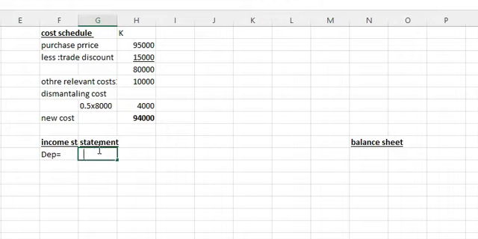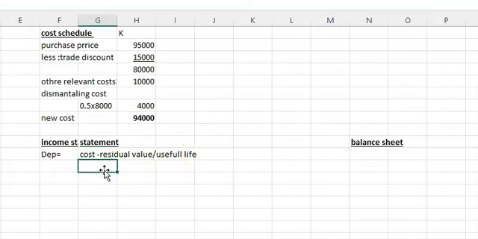It will be the cost less residual value. Okay, then we divide that by useful life. So let's do that.